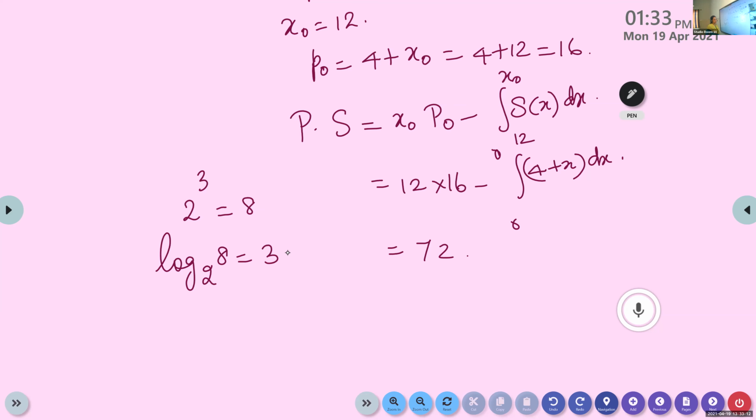Are you able to recall this one? 5 cube is 125. So how will you write this in logarithmic form? Log 125 to the base 5 is 3.